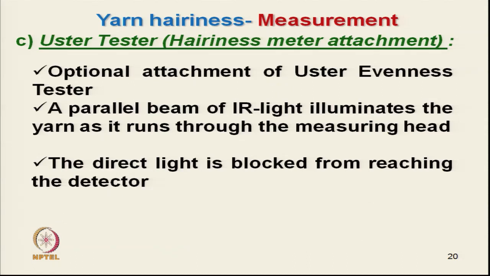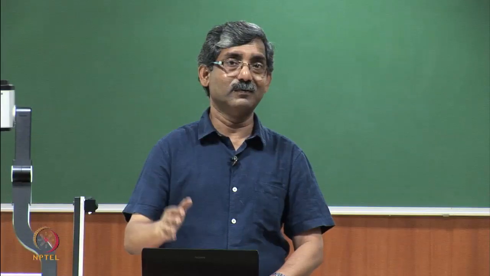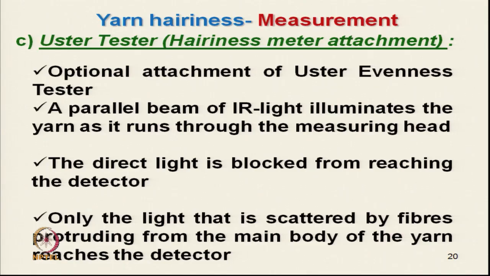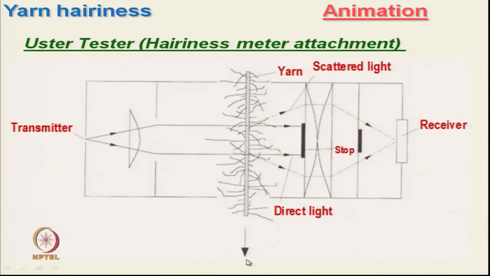If the yarn is absent, the instrument will show nothing, no light is coming. Only light that is scattered by hairs protruding from the main body of the yarn reaches the detector. Now I will explain this here.